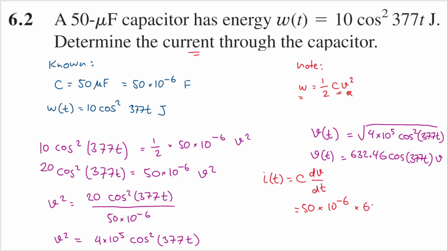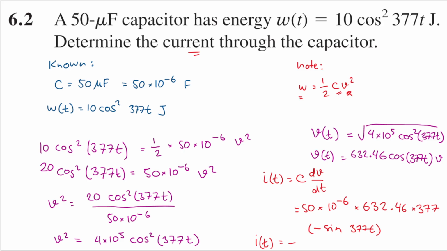So I will have 632.46, and the derivative of cosine is minus sine, 377t. By the chain rule, we need to multiply this by the derivative of 377t, so we will have 377 here.